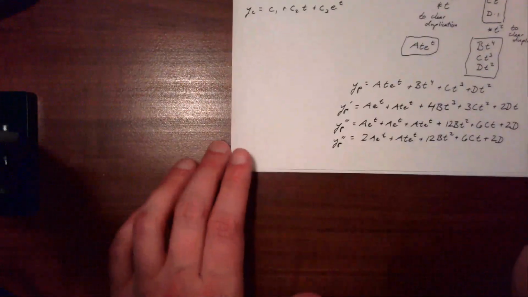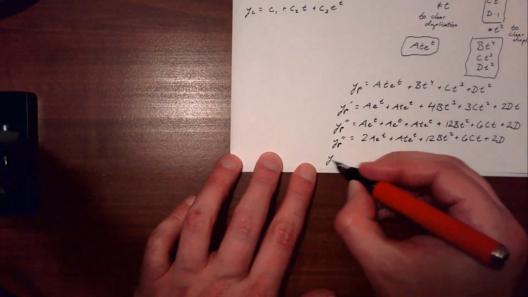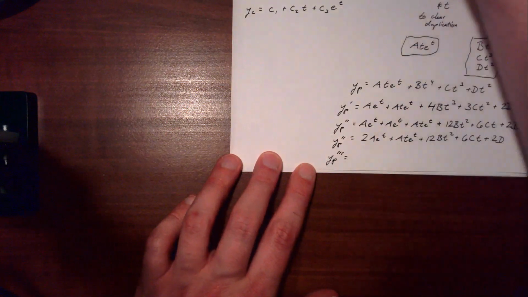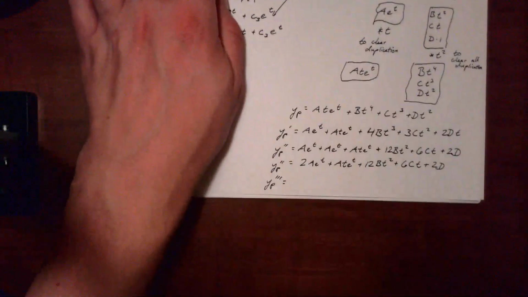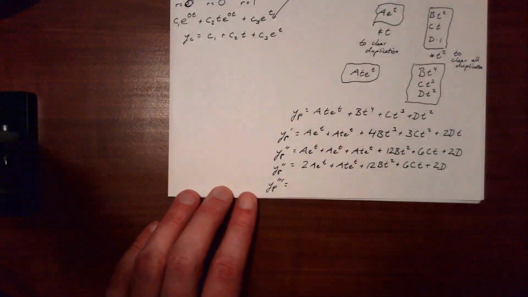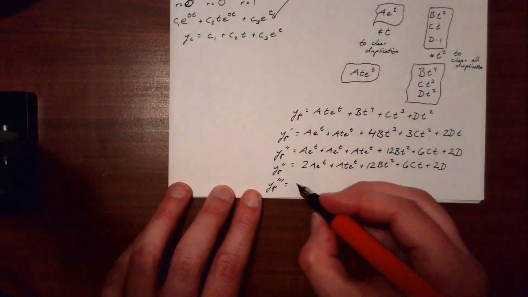Alright, and now finally it's time for the last derivative, the third derivative. We just need to take the derivatives up to the order of our actual differential equation here. So our differential equation involves the third derivative, so that's how far we need to go. So then what are we going to get?